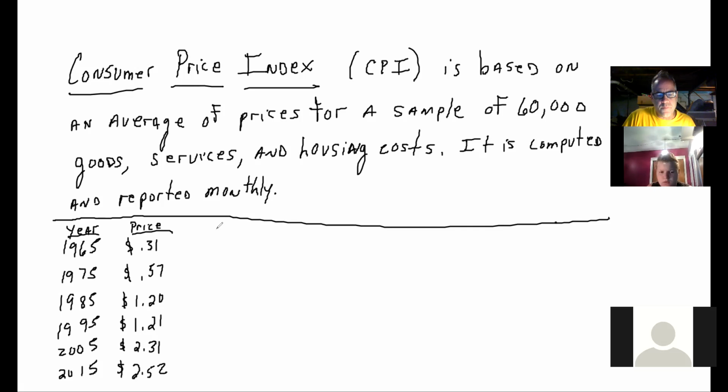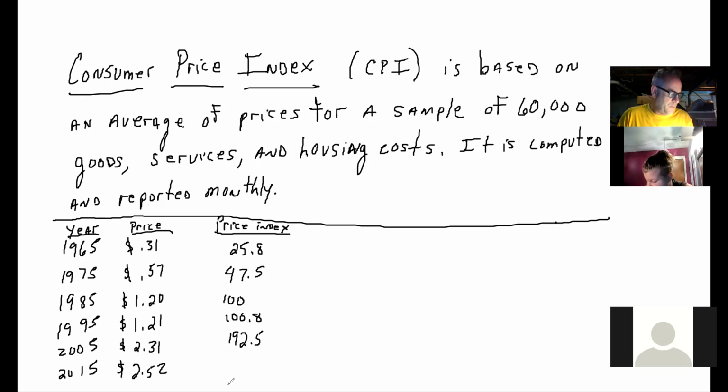All right, this column, price index. And so I'm going to write down 25.8, 47.5, 100, 108.8, 192.5, 210.